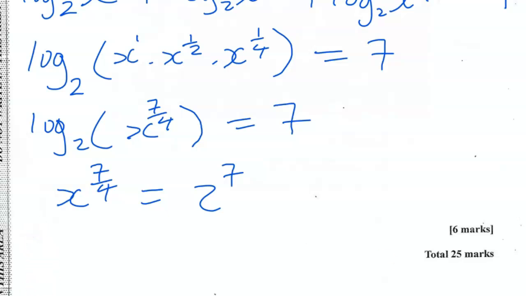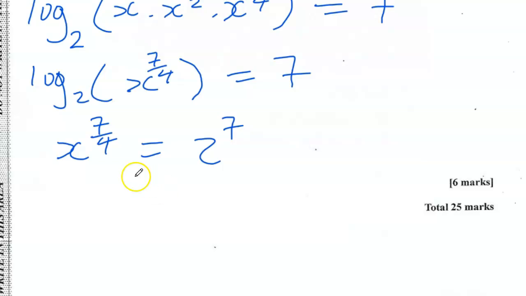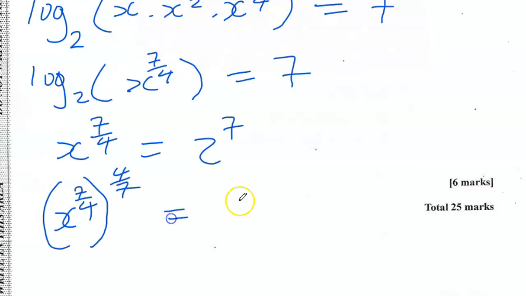Now we're solving for x, so we can raise each term to the power of the reciprocal of the power there. So x to the 7 over 4, we're going to raise this to the power 4 over 7. And the other side, we're going to raise it to the same power, 4 over 7.